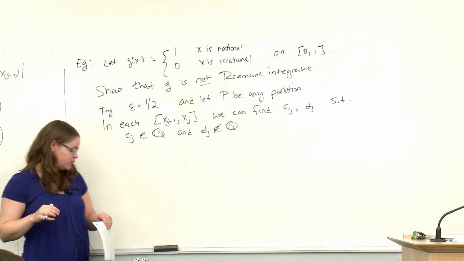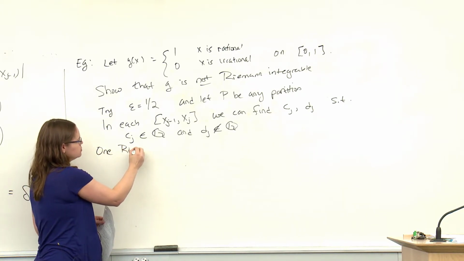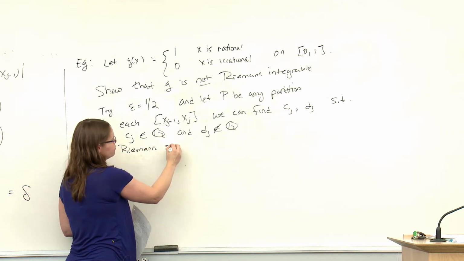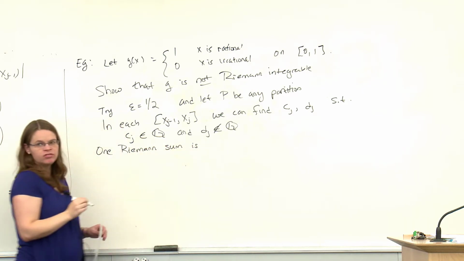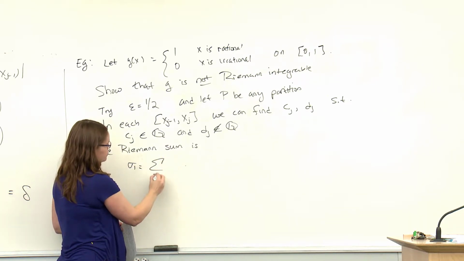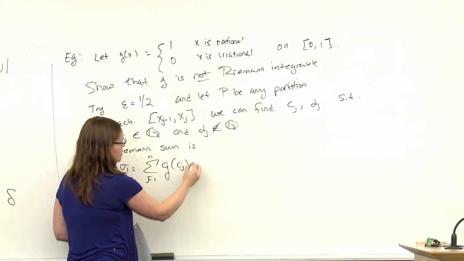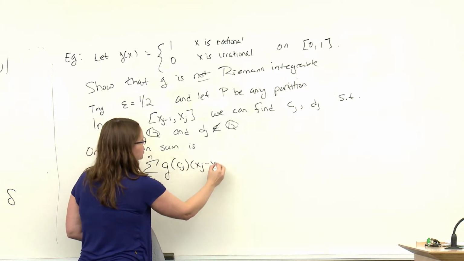And then we write down 2 different Riemann sums. So one Riemann sum involves the c's. Sigma 1 equals the sum of g of cj times xj minus xj minus 1.